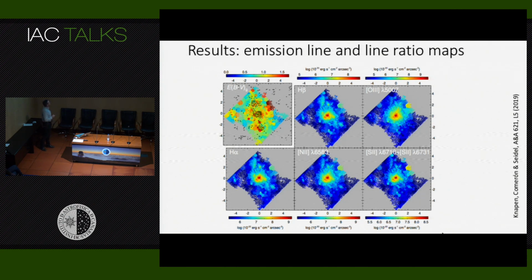Combining H alpha and H beta, we can get an extinction map, which we then can compare with the CO. The CO molecular gas traces the dust, and we see that indeed in this image here. So these are the kind of images that we get from the MUSE cube.